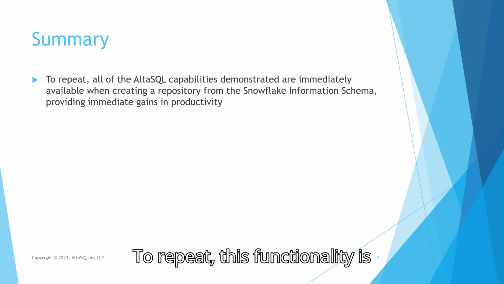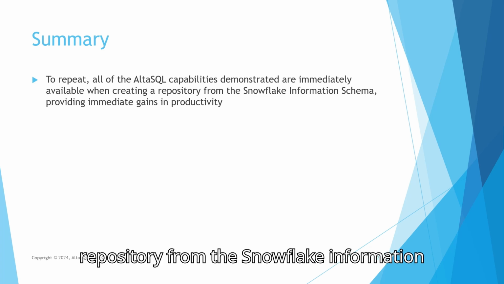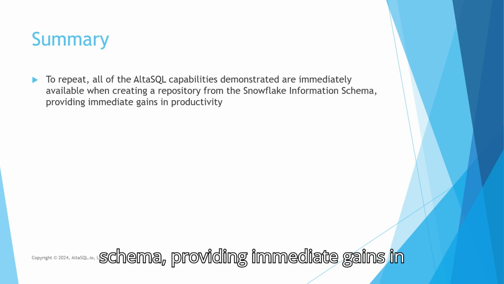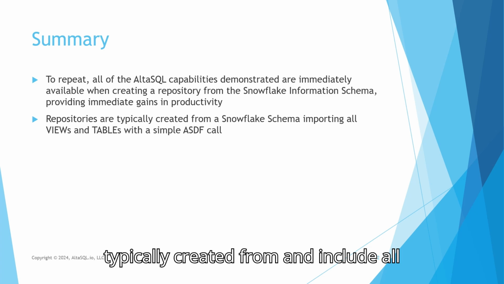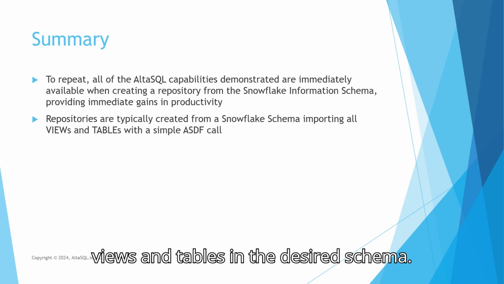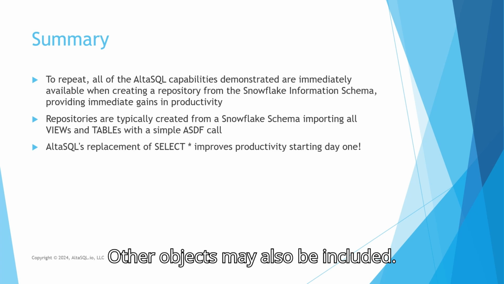To repeat, this functionality is immediately available when creating a repository from the Snowflake information schema, providing immediate gains in productivity. Repositories are typically created from and include all views and tables in the desired schema. Other objects may also be included.